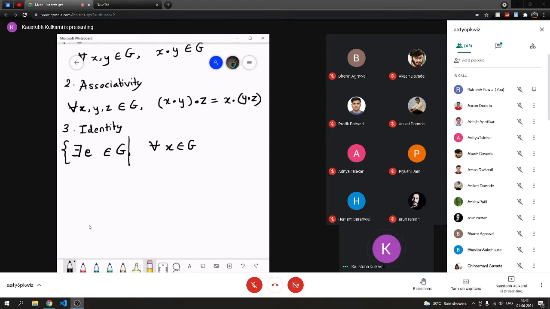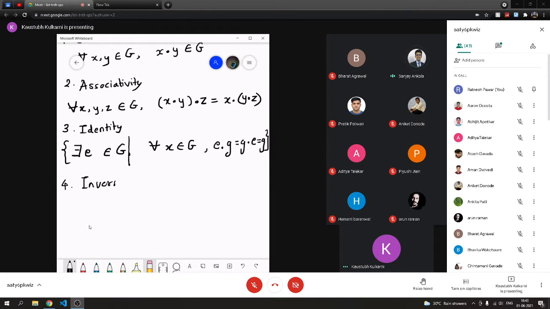So there exists E belonging to G such that for all x belonging to G, E . x is equal to x . E is equal to x. Then we call E the identity of the group, and the group should have an identity element. And the fourth one is inverse.